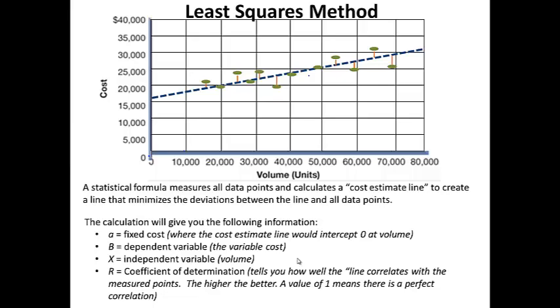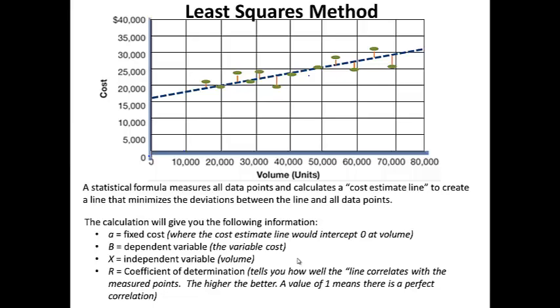In effect, where that cost estimate line would theoretically intercept the volume at 0. Then we have B, which is called the dependent variable, and for our purposes that is the variable cost. Then we have X, the independent variable, and again for our purposes that can be interpreted as volume.